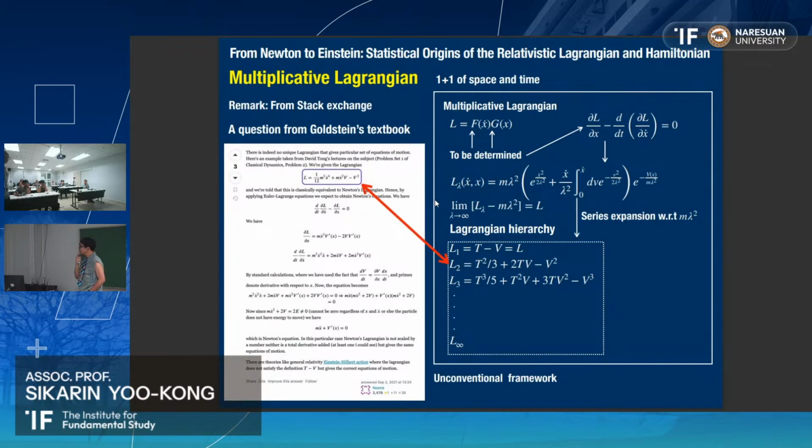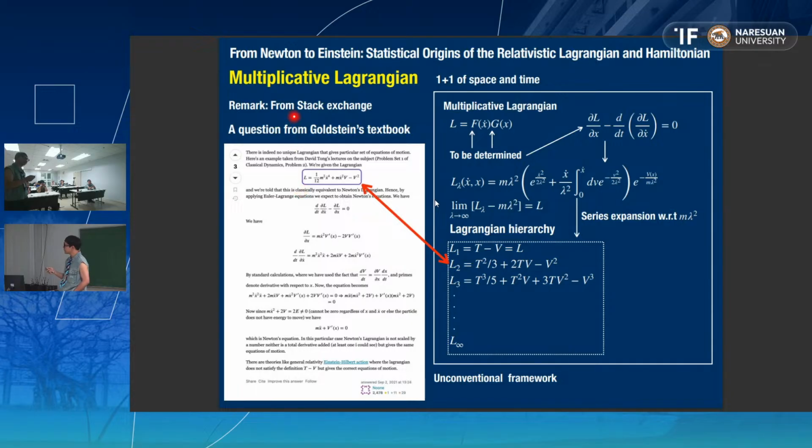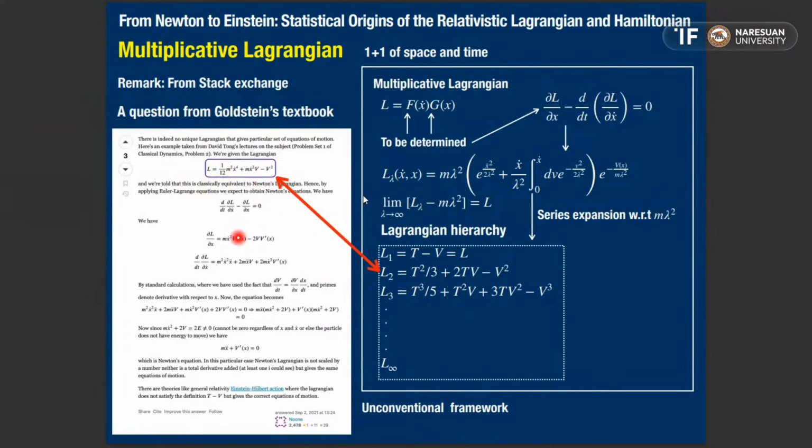Here is a side note that I got from Stack Exchange. There was a question posted on Stack Exchange associated with this type of Lagrangian, from the Goldstein textbook and also David Tong's lecture notes, about a Lagrangian that produces the same equation of motion.